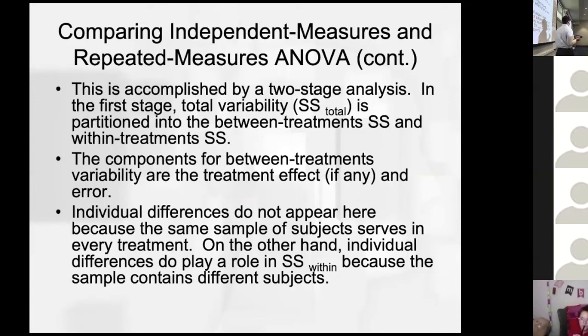All right, so whereas we had that kind of single stage, you'll see the differentiation between the single stage and today what's going to be this sort of two-stage analysis. In the first stage, we get that total variability, just like we did before. And that total variability, that sum of squares total, is partitioned between the between treatments sum of squares and the within treatments sum of squares.